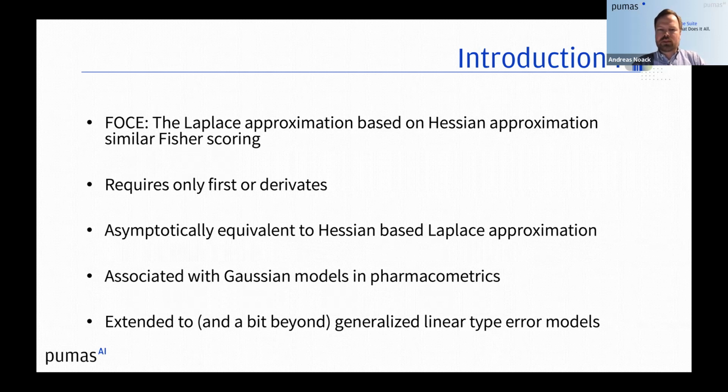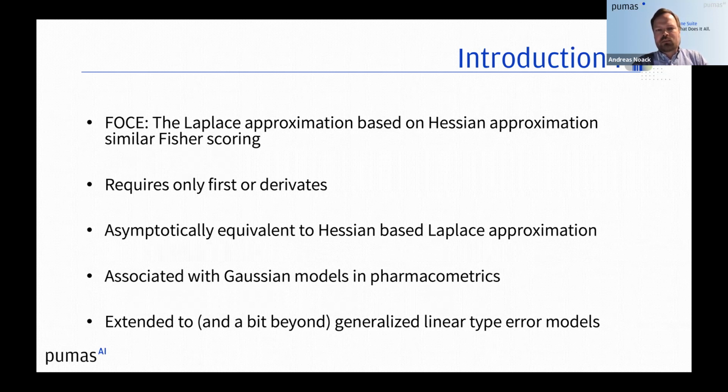But it is essentially both the Laplace approximation. So don't be fooled by the name that one of them is called Laplace. They are both based on the integral approximation called the Laplace approximation. The advantage with using the FOCE version of the approximation is that it only requires first order derivatives. So instead of having second order derivatives, as is usually the case for a Hessian matrix, the FOCE approximation of the second order term is based on an outer product of gradients.